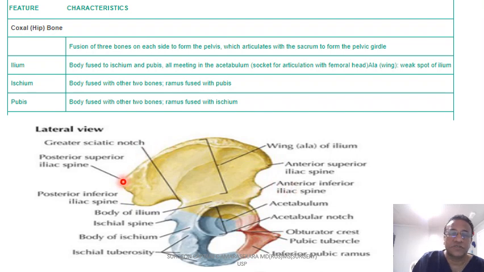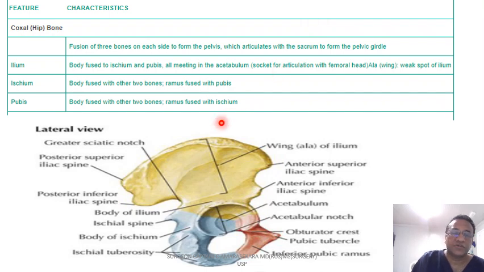This is your iliac crest. This area is called the body, the ala, or wing of the ilium. Then this is the anterior superior iliac spine, anterior inferior iliac spine, posterior superior iliac spine, and the posterior inferior iliac spine. These sites serve as attachment points for muscles and ligaments.